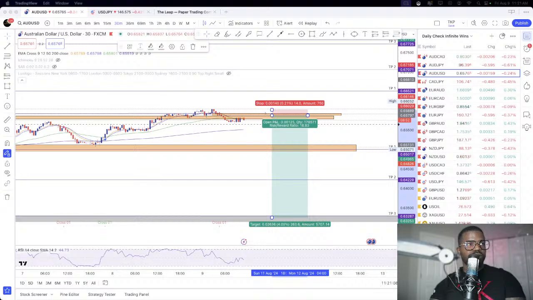Let's get these targets in. First target 0.65017. TP2 0.64229.